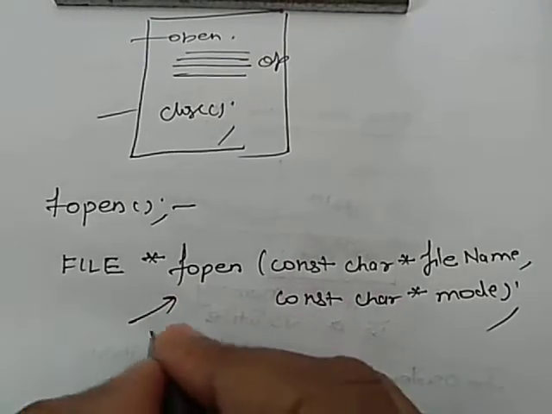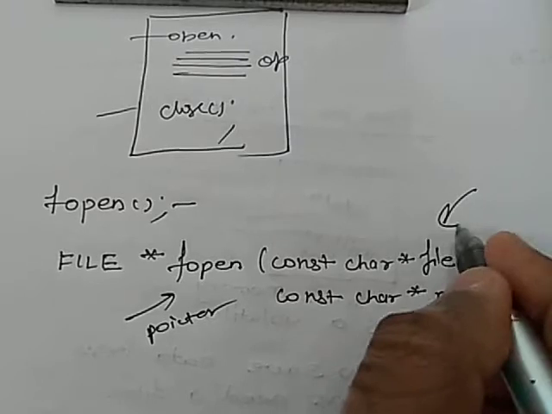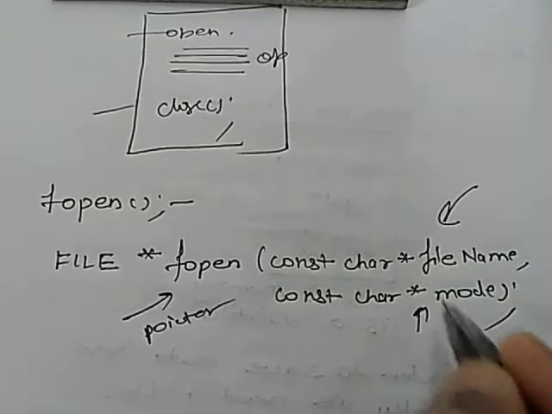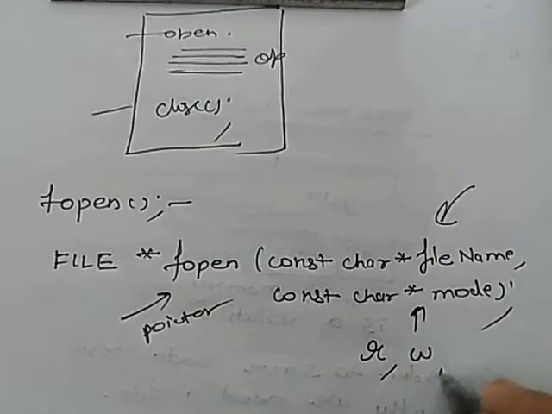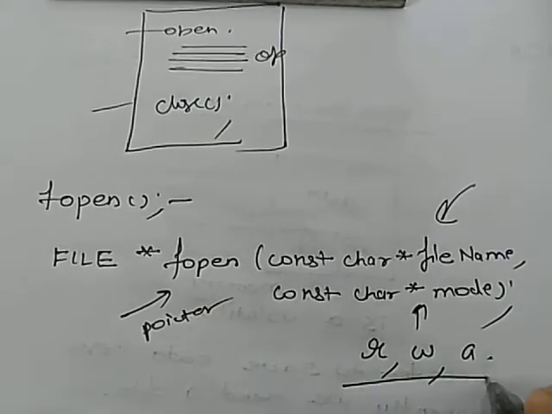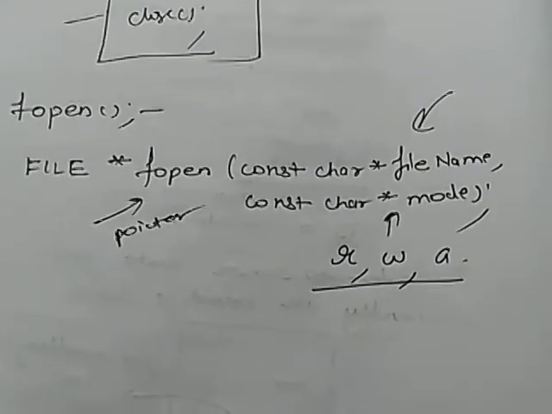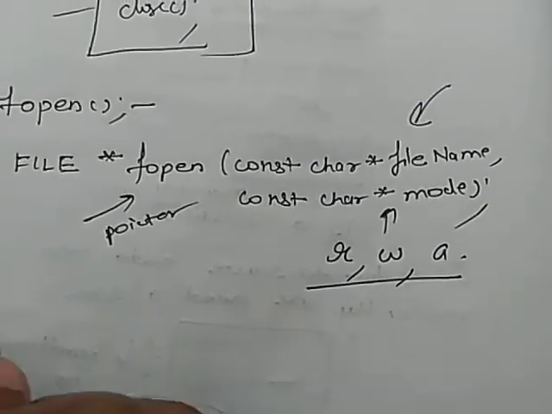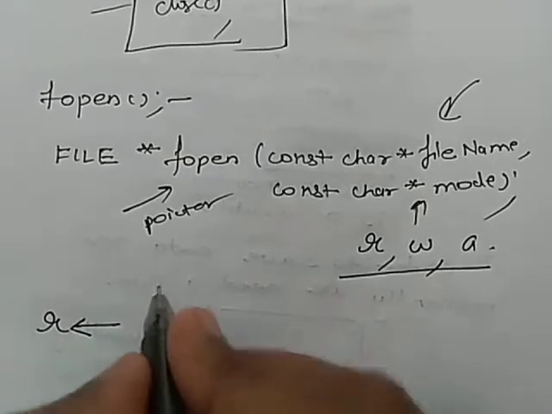Now it returns a pointer. We have to pass the file name here and the mode in which we have to open: in read mode, in write mode, or in append mode. So let us understand the various modes available.